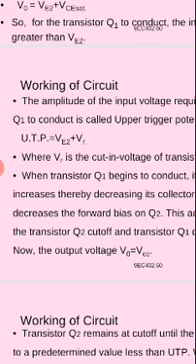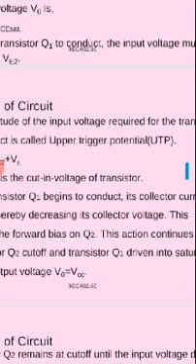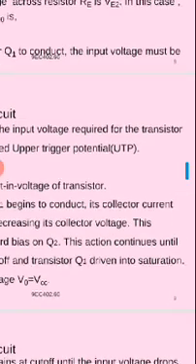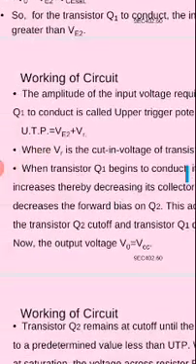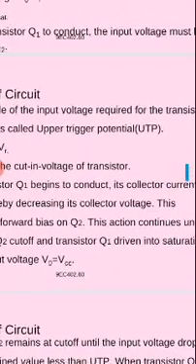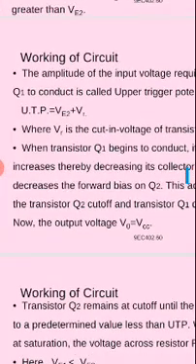When transistor Q1 begins to conduct, its collector current increases, thereby decreasing its collector voltage. This decreases the forward bias on Q2.